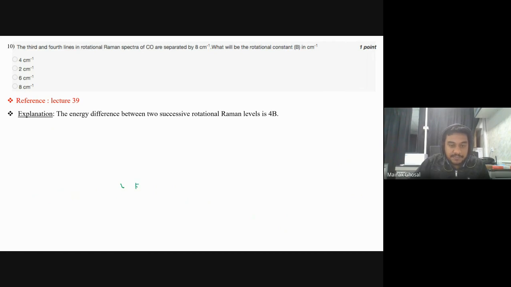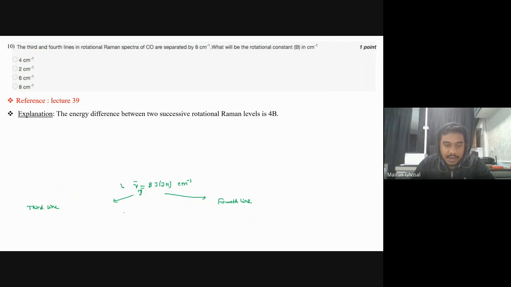Your energy for any rotational level J is given by B into J into J plus 1, or rather, instead of writing B, I can write it as nu bar J. So nu bar J is written as B J into J plus 1 centimeter inverse. Okay, so I'm calculating differently for two different systems. So third line and fourth line.